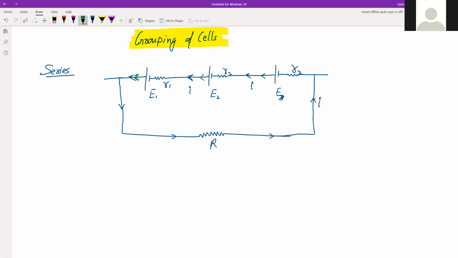The E equivalent of all these together will be E1 plus E2 plus E3 and so on. And what about these internal resistances? The R equivalent is also getting added because they are also in series.